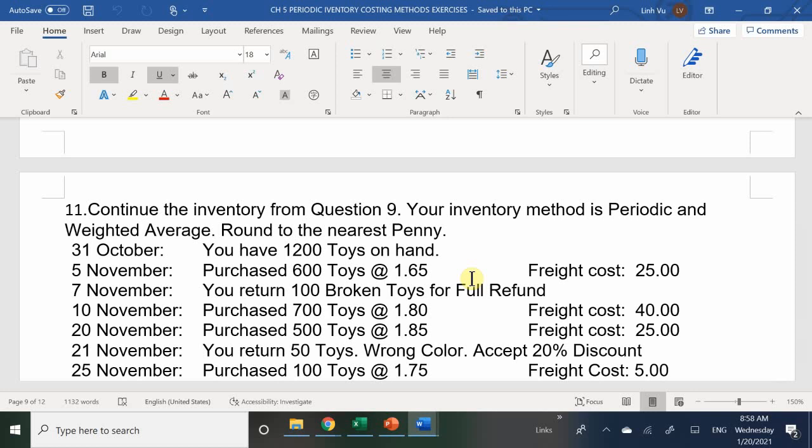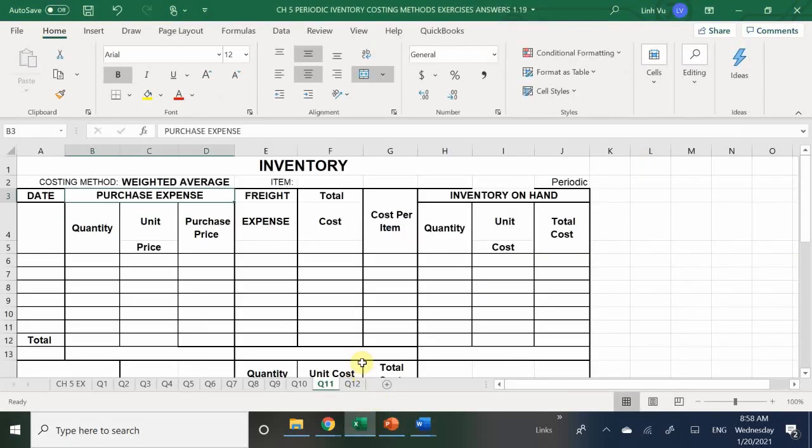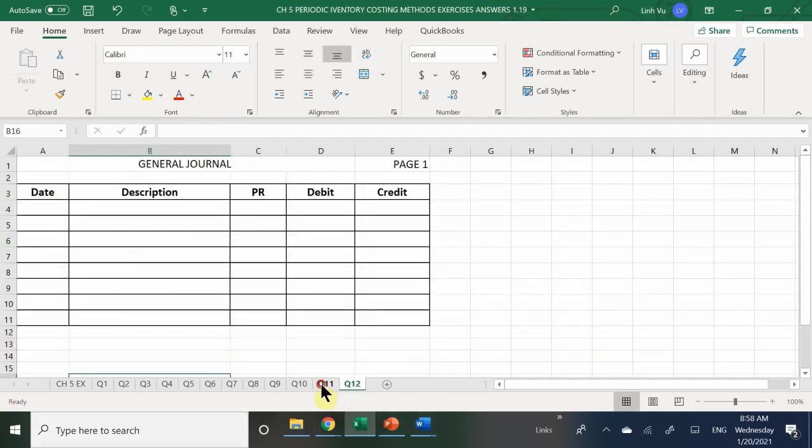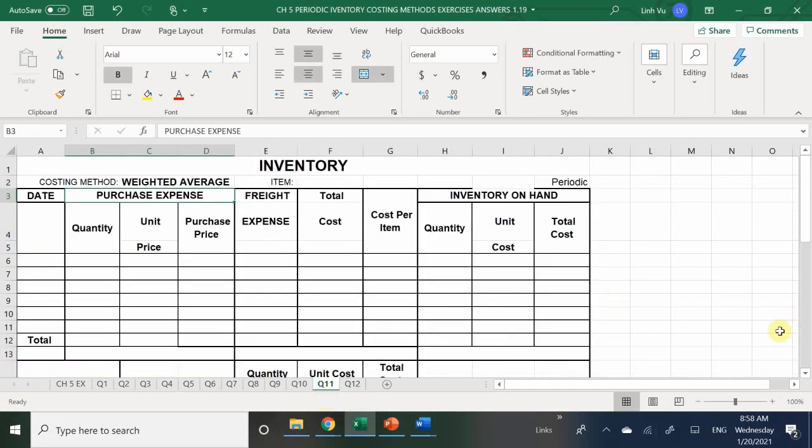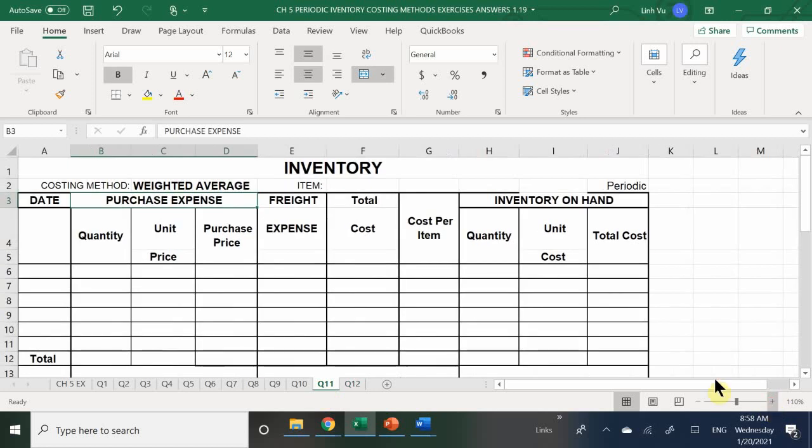And we're going to round to the nearest penny. So here we see that on October 31st, you have a total of 1,200 toys on hand. Because we are doing weighted average, we can just go ahead and plug in all of our numbers straight away in our little inventory on hand section.